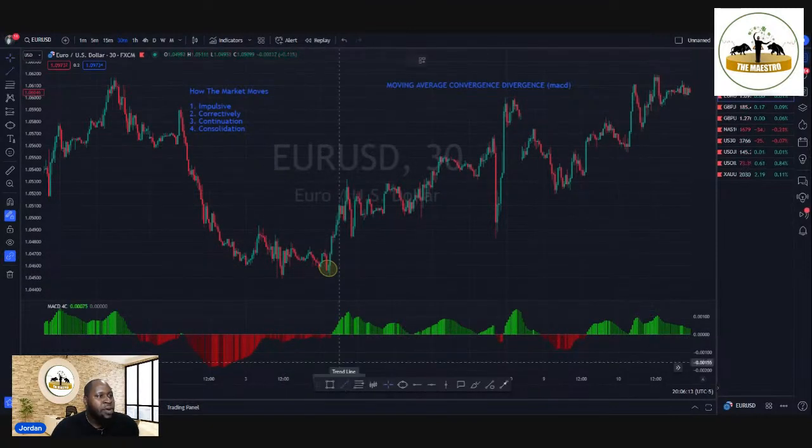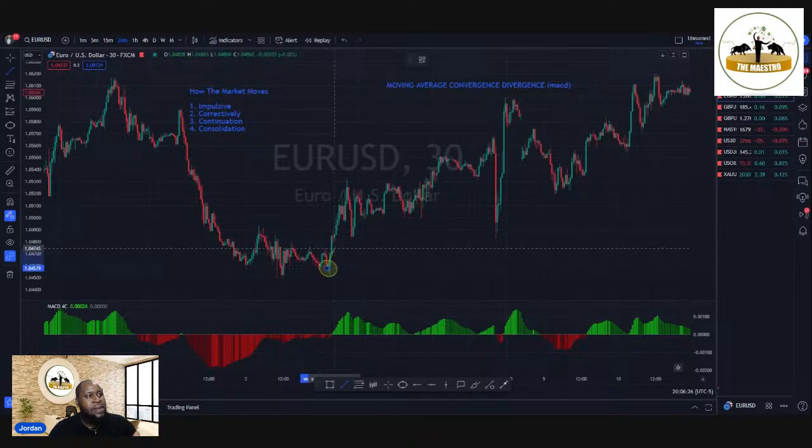So whenever we have a move, whether it be to the upside or the downside, but we have a move that goes directly up impulsively, we call that an impulsive move. It could be directly up or directly down, but we have a strong push towards one side. That is an impulsive move.